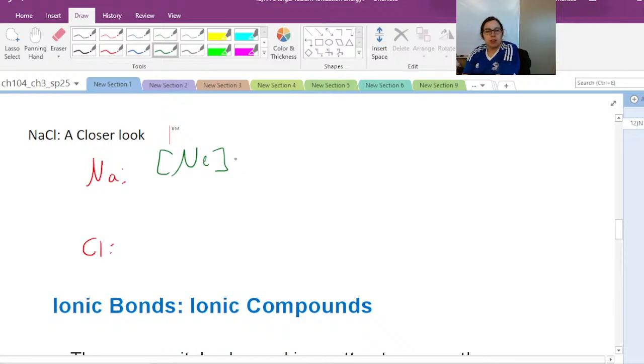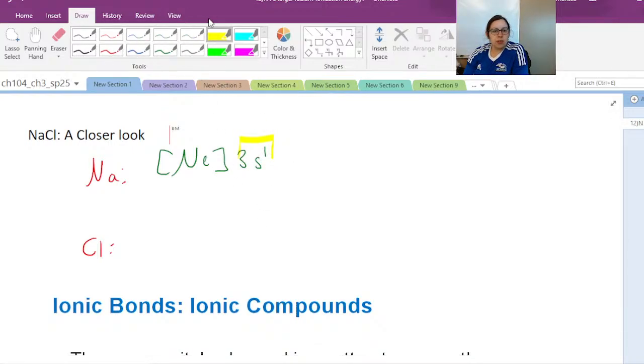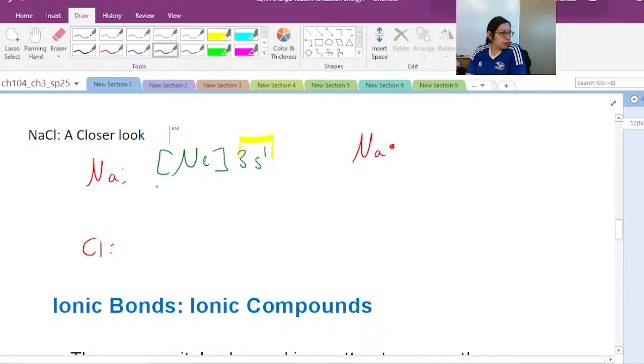Sorry. 3s1. Yeah, 3s1. And so with 3s1, we can clearly see one valence electron, and hopefully your dot reflected that, so just the little sodium dot. And again, chlorine, so what's its electron configuration?